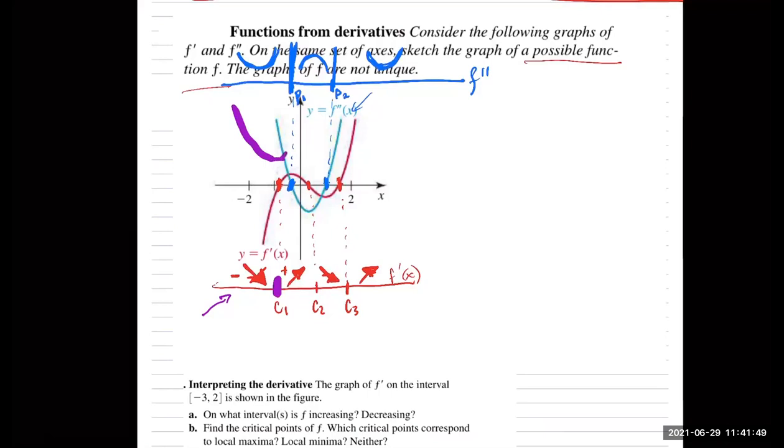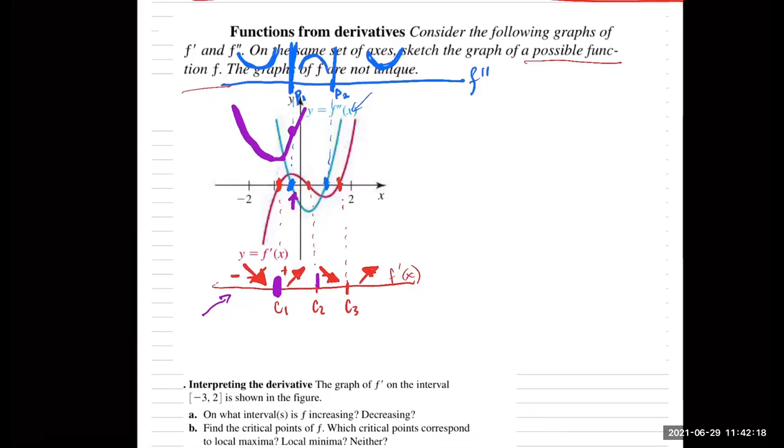And then it's going to be increasing, but right there, I have an inflection point. So the concavity changes. It's going to quit being concave up, but it's still increasing. Do you see how I'm making it turn? It turns, but it's still increasing until I get to C2. Did I cross it? I was trying to talk.